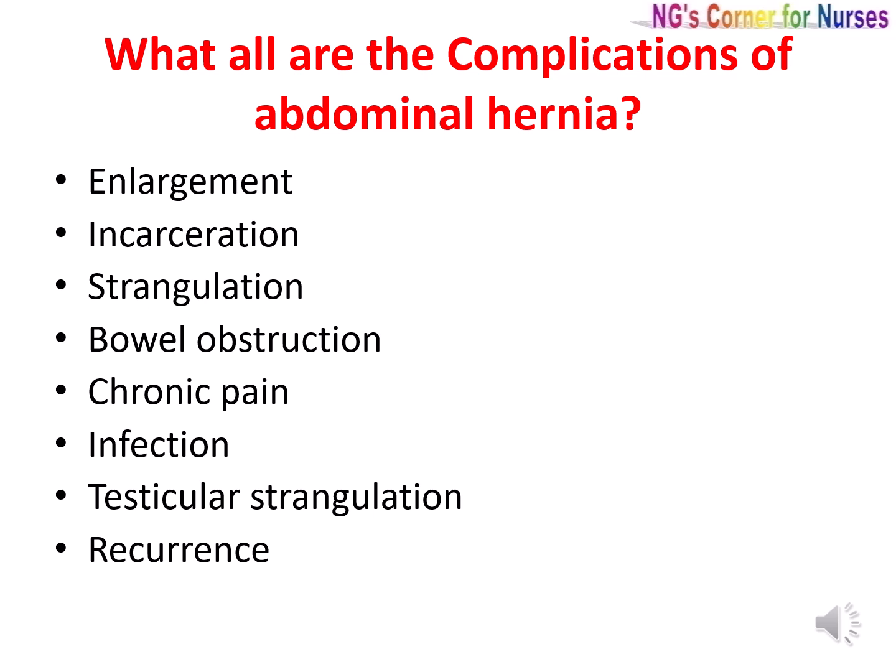Let's see the complications of hernia. First is enlargement. Hernias can grow larger over time, putting pressure on surrounding tissues and causing pain. In men, a large inguinal hernia can extend into the scrotum, leading to pain and swelling. Next is incarceration. An incarcerated hernia is one that cannot be reduced, that is, an irreducible hernia.